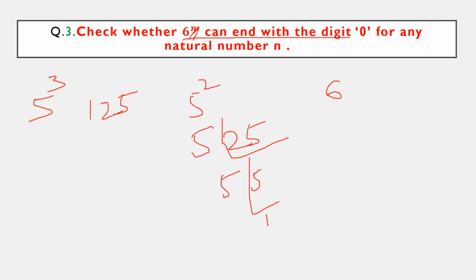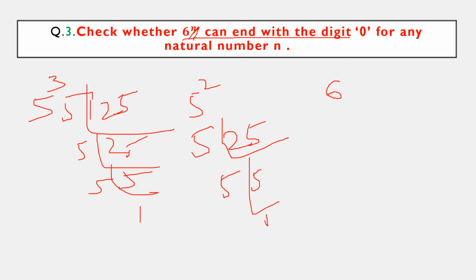Here 125, 5 25s and 5 5s, and 5 1s. So if a number has a power, then the same number repeats by the number of times as the power is there. Here 2 is there, so it will repeat 2 times. Here 3 is there, so it will repeat 3 times. The same prime factor repeats.